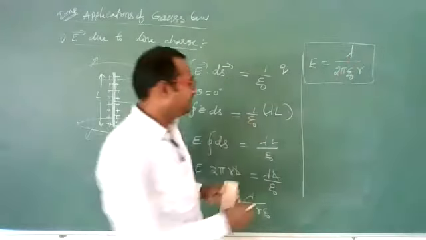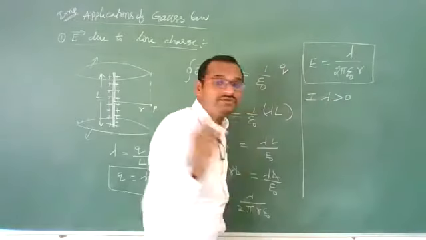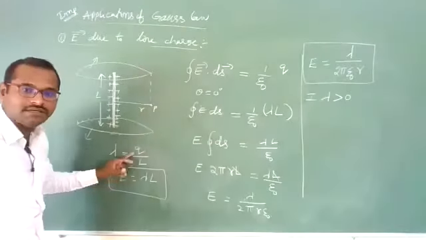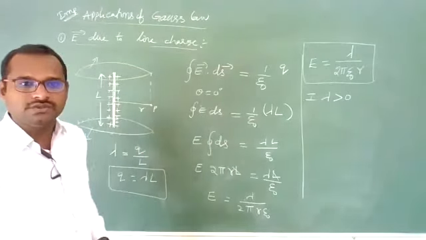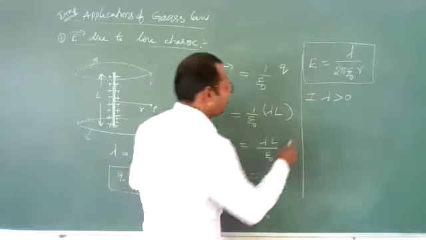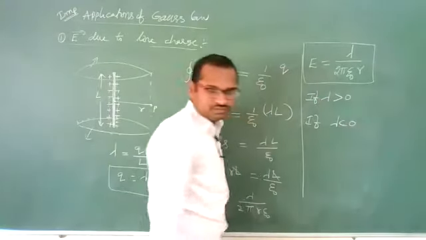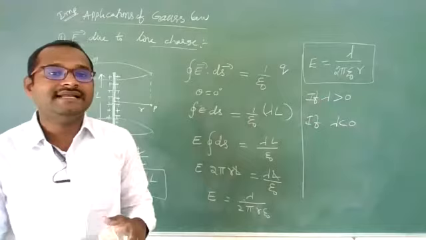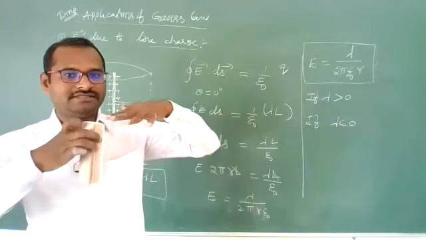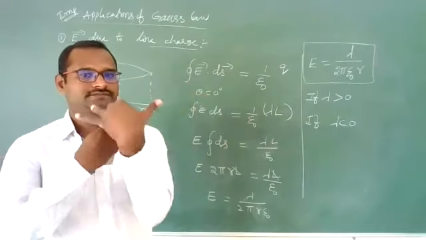One point. If lambda is greater than 0, meaning lambda value is positive, and lambda means Q by L, then the electric field will be radially outward. If lambda is a negative value, then the electric field will be radially inward, towards this line charge from all sides.